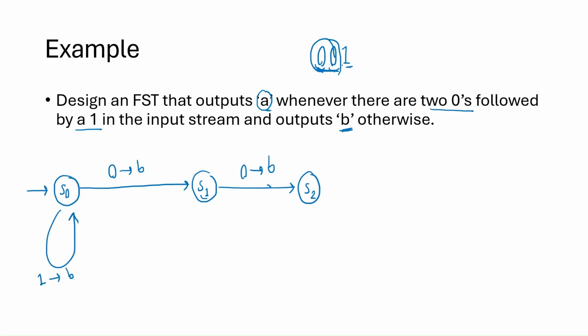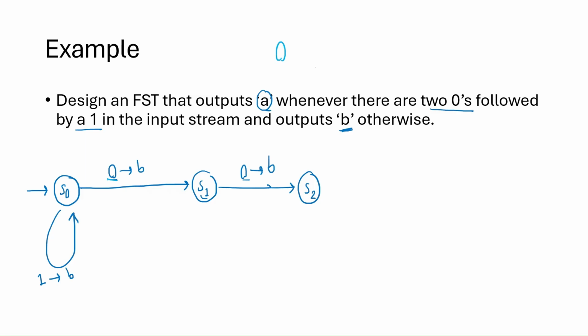Now, on the other hand, if I am at S1, which means I have seen a 0, and the second symbol instead of a 0 is a 1, that kind of breaks the pattern. So the first symbol that I read is a 0.